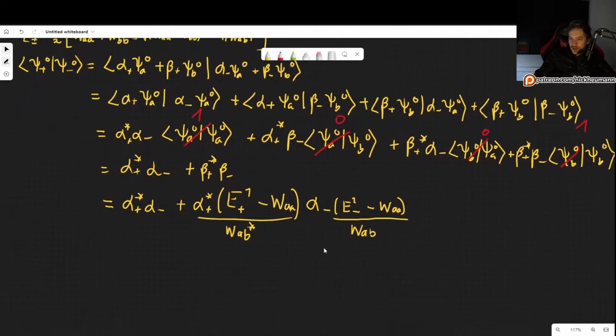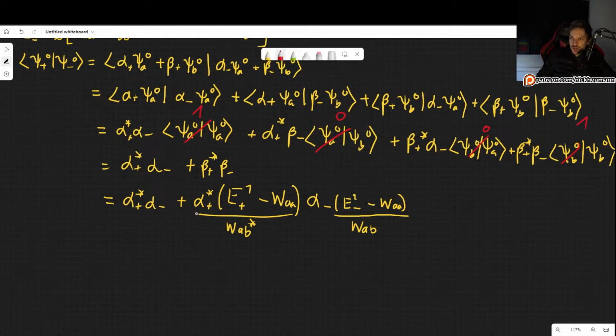So notice that we have the product between alpha plus conjugate and alpha minus, which is the same that we have here. So what we can now do is take the factor of alpha plus conjugate, alpha minus out, and we can also take the product of WAB conjugate, WAB. Actually, I'm gonna leave that for one step later.